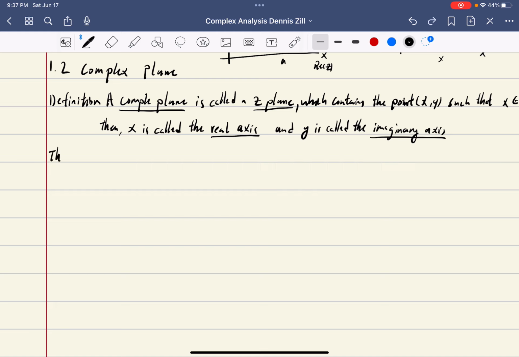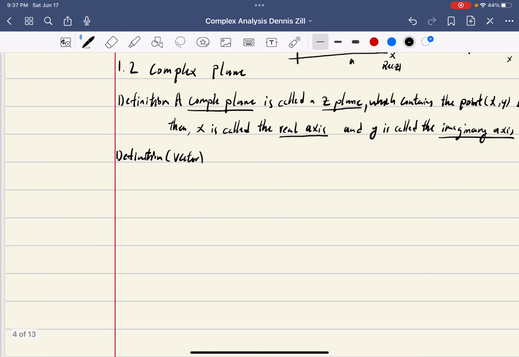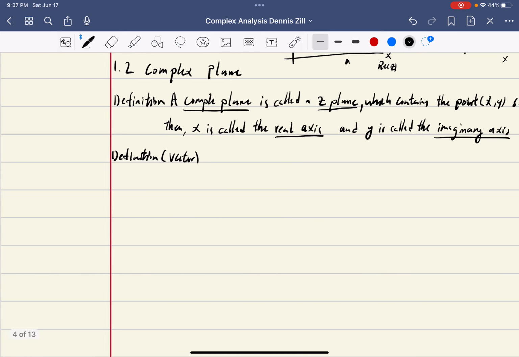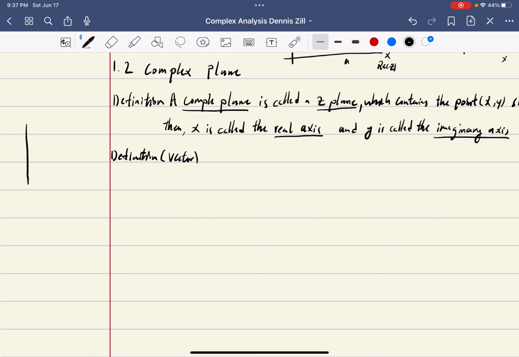Not a theorem. Definition. So we will define a vector, right? Well, let's draw an image before we define it. So you have your imaginary axis and the real axis. That's what they call it. And you have a point z, right?